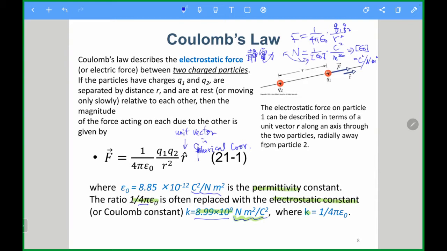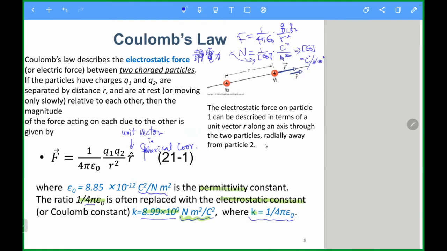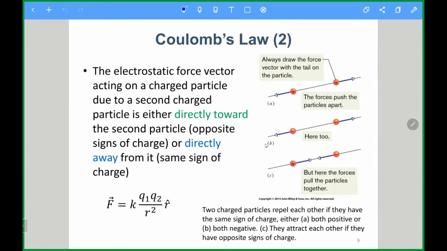So here we have K equals 1 over 4 pi epsilon naught. This is a brief introduction about the Coulomb's law. Okay, so let me try to explain what it means by this equation.